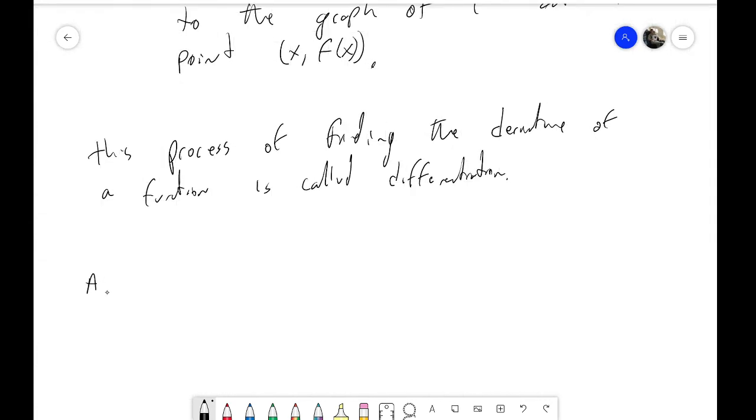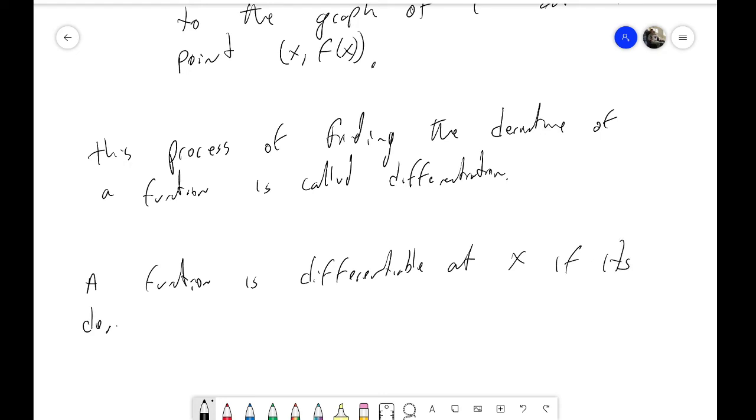And something important to note is that a function is differentiable at x if its derivative exists at the point x.